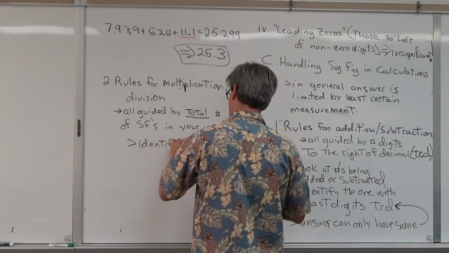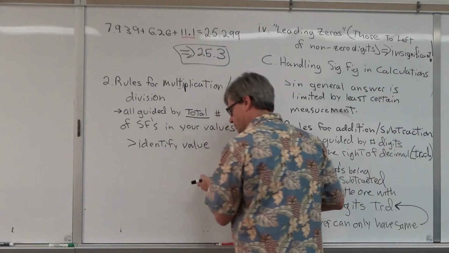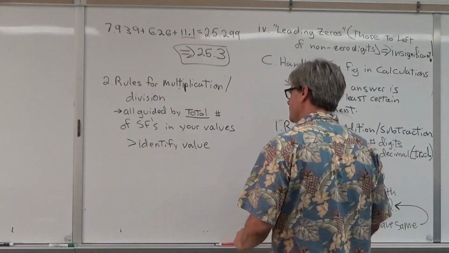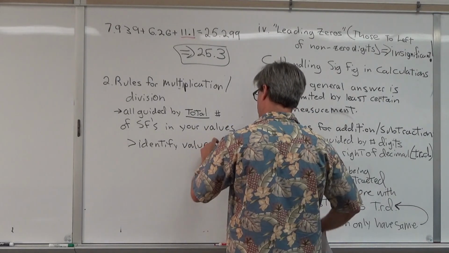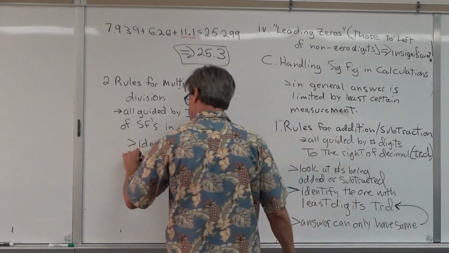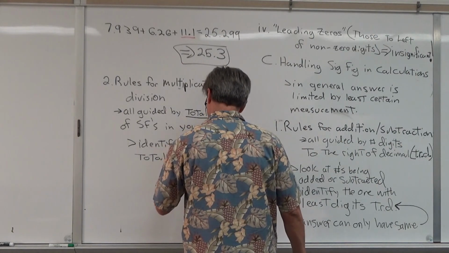So, identify the operation where you have a bunch of numbers you're multiplying, or just two numbers that you're multiplying or doing division with. Identify your value with the least total SFs.